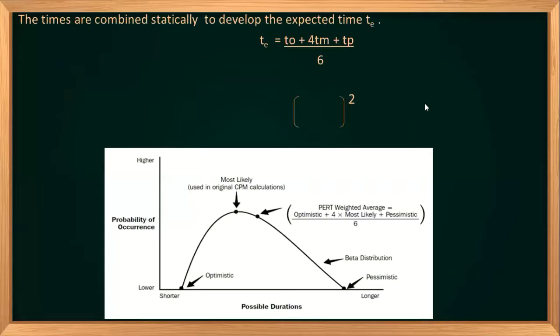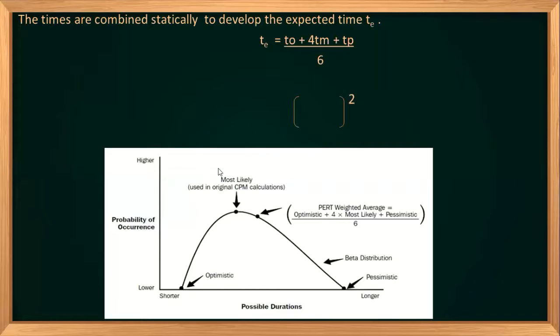If TE is the expected time for an activity, then TE equals TO, the optimistic time, plus 4 times TM plus the pessimistic time TP, divided by 6. Using this formula, we can calculate the time estimates for all activities.